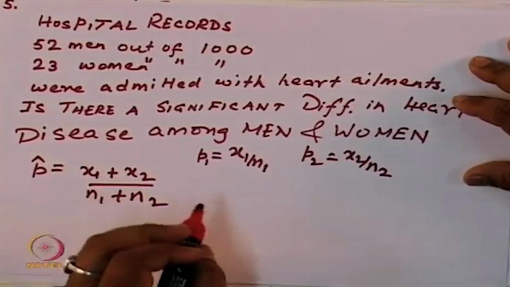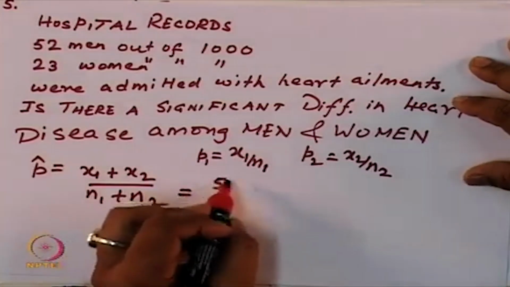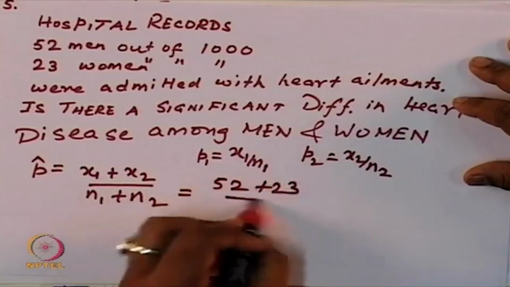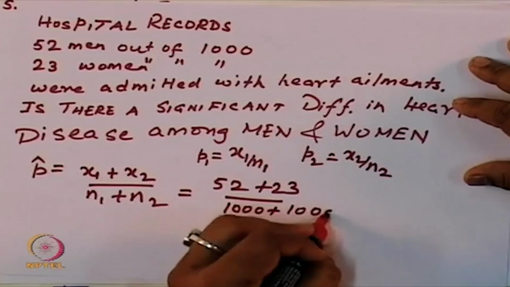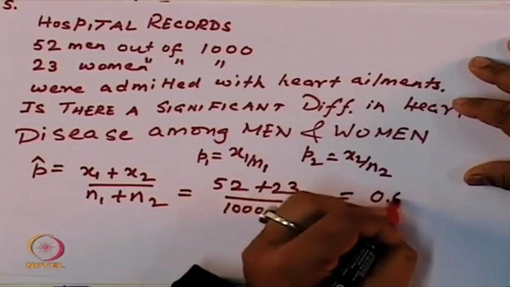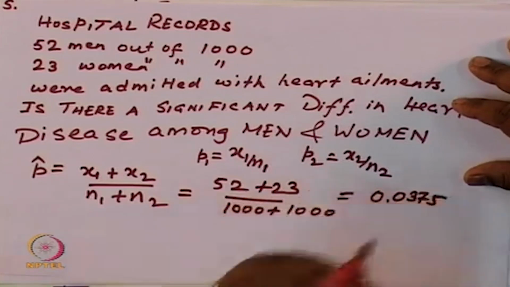And this will give you a value of 52 plus 23 by 1000 plus 1000, which is equal to 0.0375.